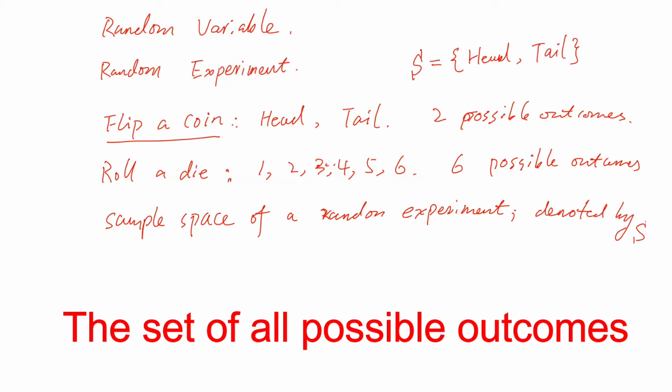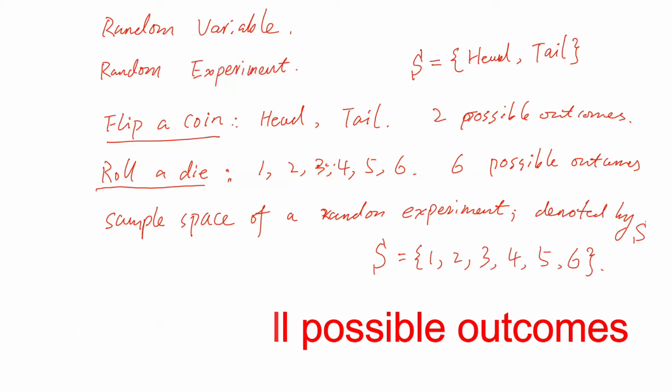So it is a set consisting of all possible outcomes. For the second random experiment, the sample space will be the set 1, 2, 3, 4, 5, and 6.